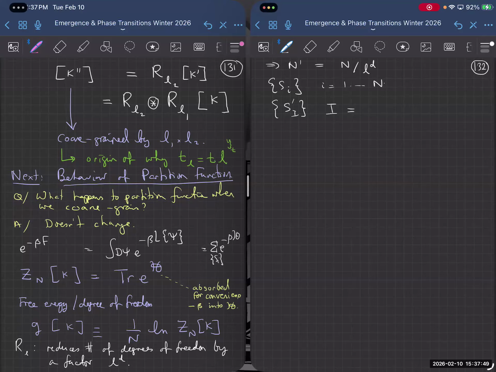I'll label them with capital I, and this capital I goes from 1 now to N prime, which is N over L to the D.